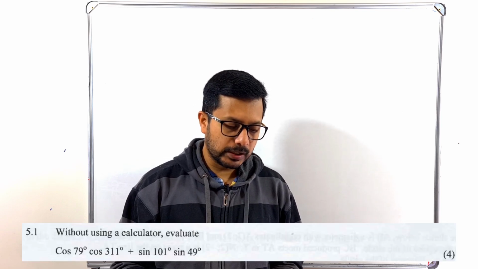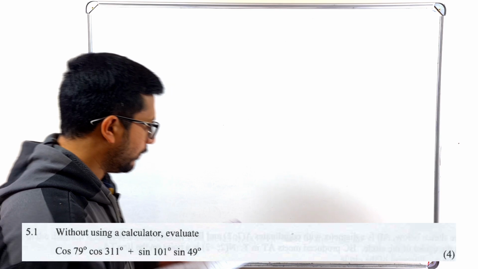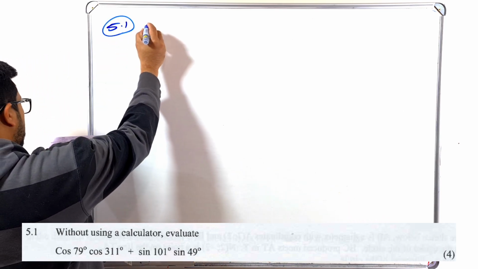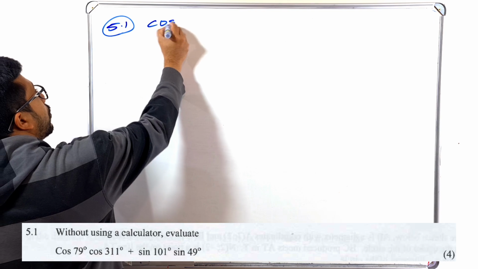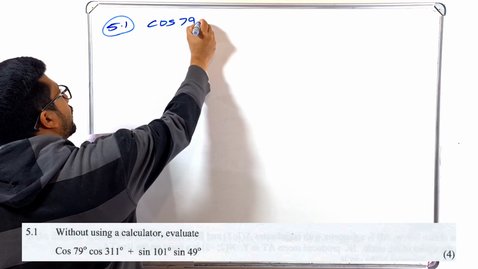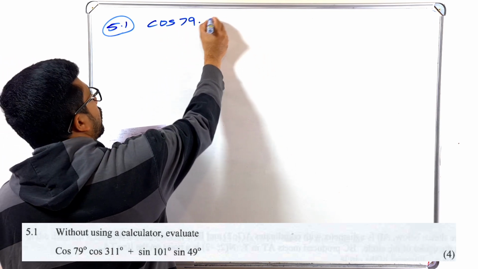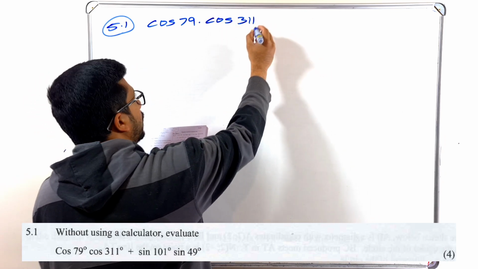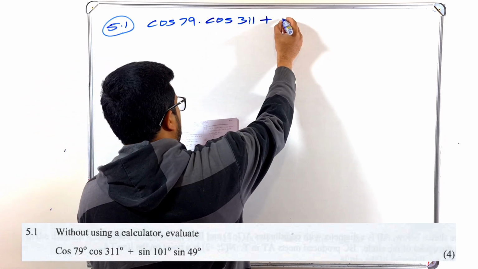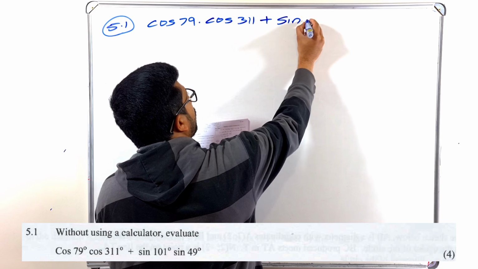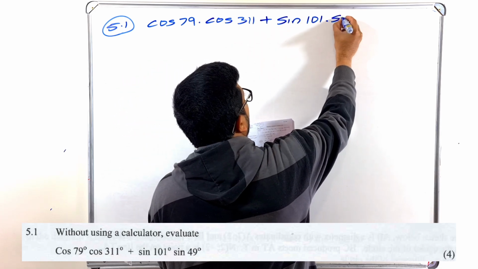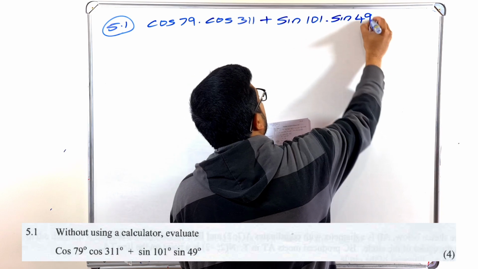Without the use of a calculator, cos of 79 times cos of 311 plus sine of 101 times sine of 49.